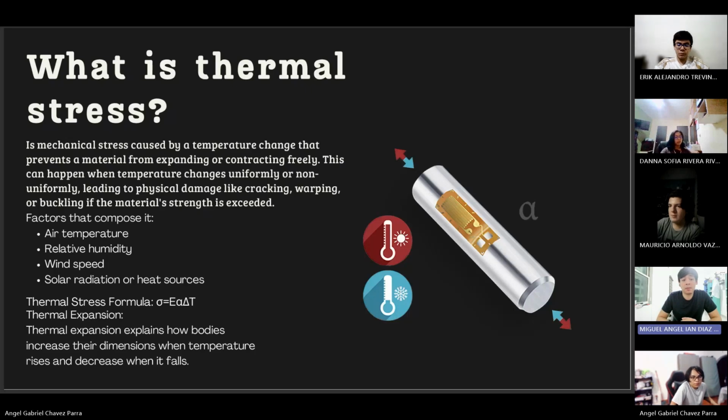Factors that can influence it are air temperature, relative humidity, wind speed, solar radiation, or heat sources. The thermal stress formula would be the one on the left.